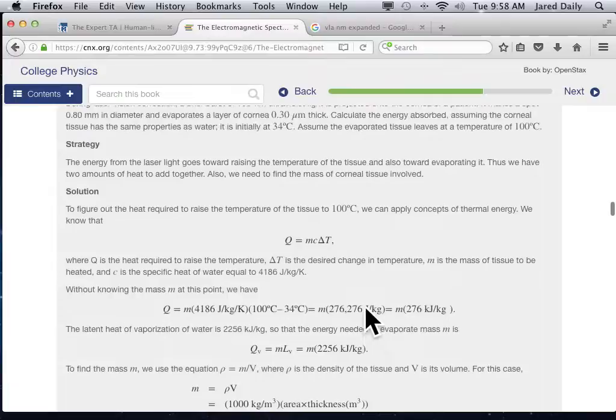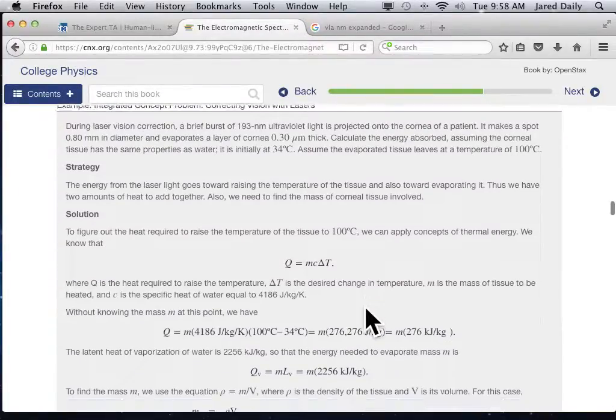Here's another equation where they want us to calculate, let's see, how much energy is absorbed when they use ultraviolet light on the cornea of a patient. So here what they're doing is vision correction. This is LASIK surgery, essentially.